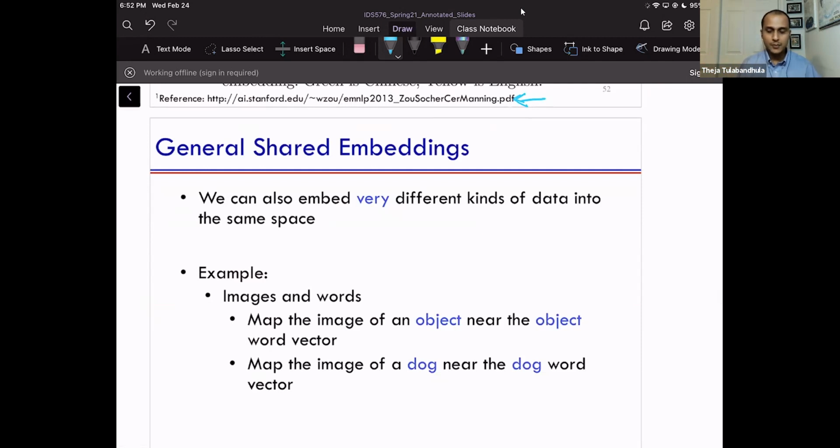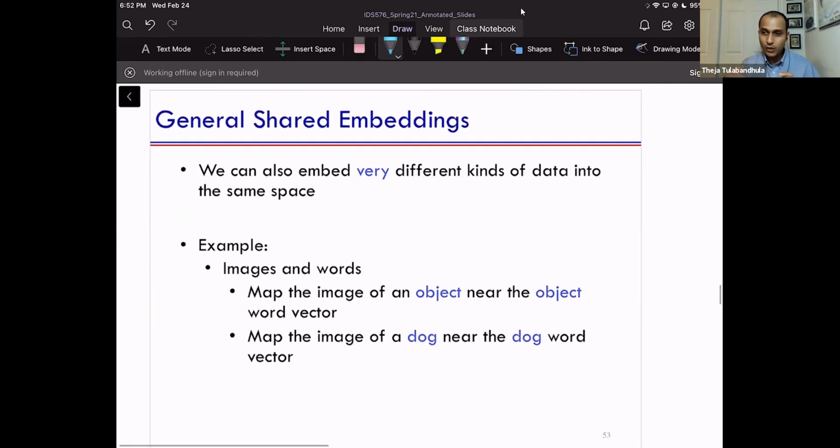There is an assignment 3 question related to translation that will use some of these ideas. We can go beyond words from one language and words from another language being in the same vector space, to words from one language and also other objects like images being in the same vector space.